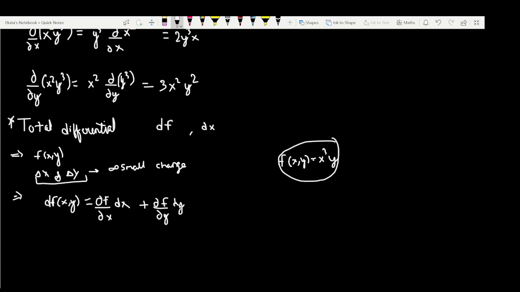This is how we define the infinitely small change in the whole function in terms of the partial derivatives in x and y.